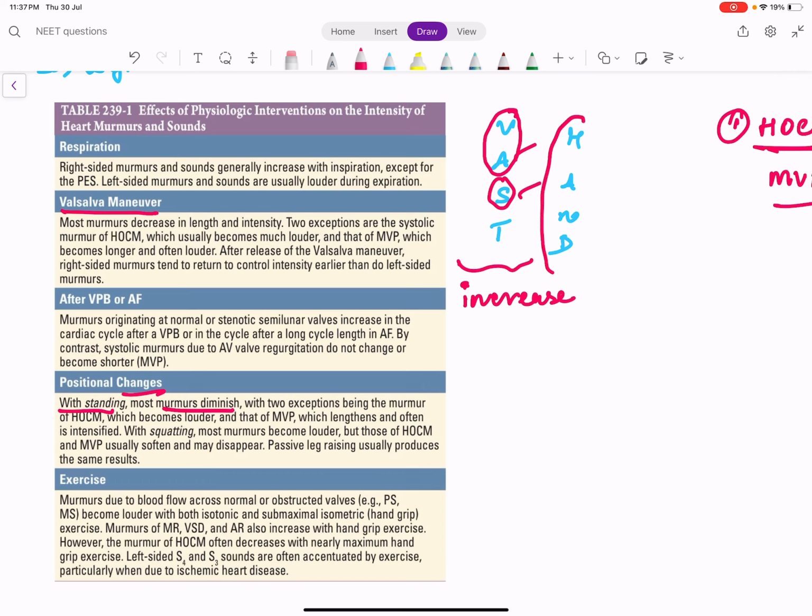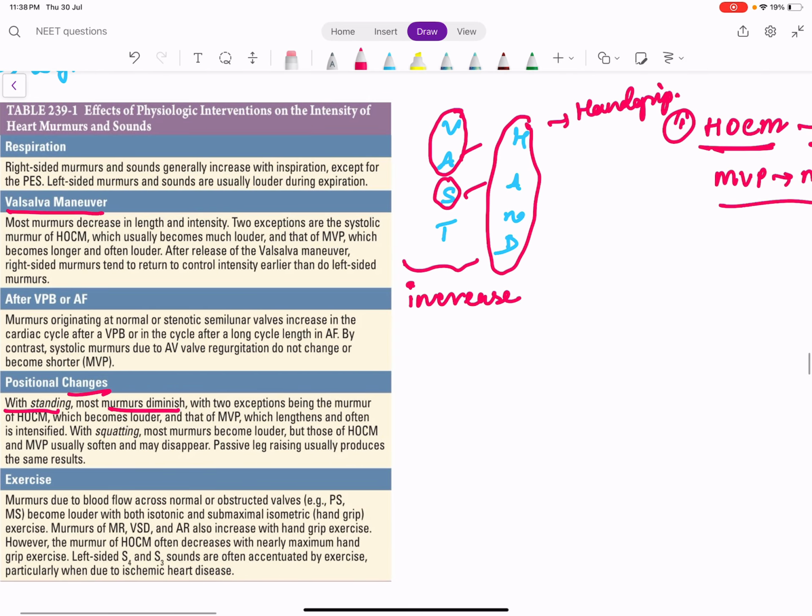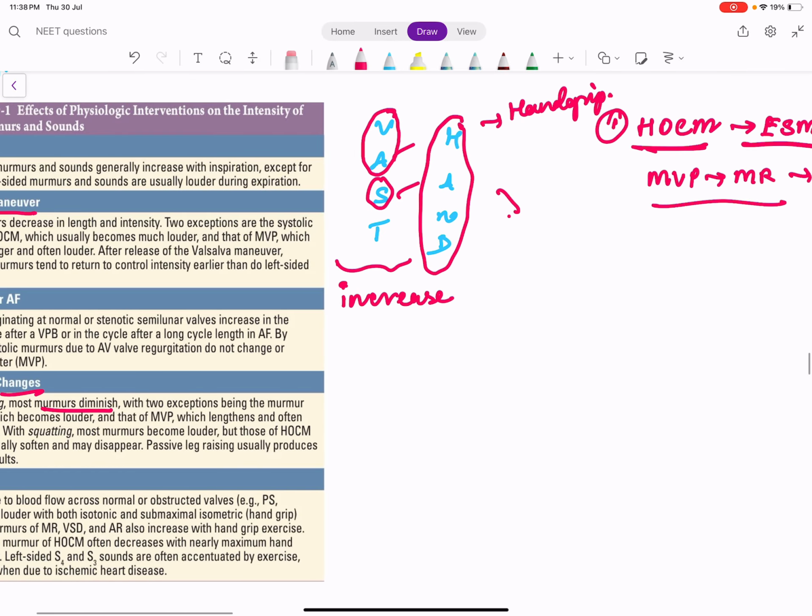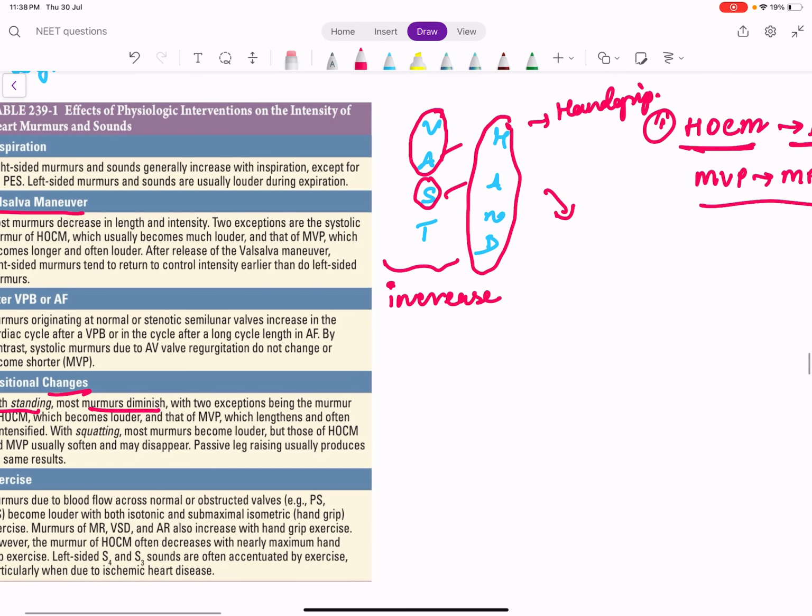During hand grip, all murmurs will increase because on doing hand grip, the peripheral resistance increases, so the turbulence should increase because of the pressure difference. But in HOCM and MVP, on doing hand grip, the murmur reduces.